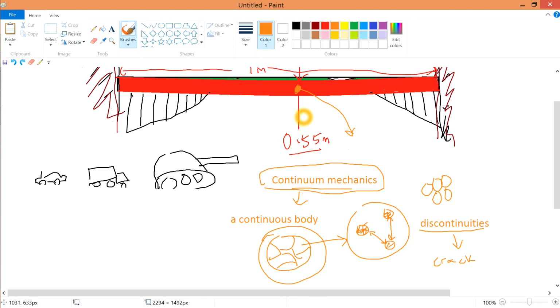So this is continuum mechanics, and it is used to help us define certain things in finite element. In terms of finite element, there are a few things like the truss structure, the beam, and so on and so forth.